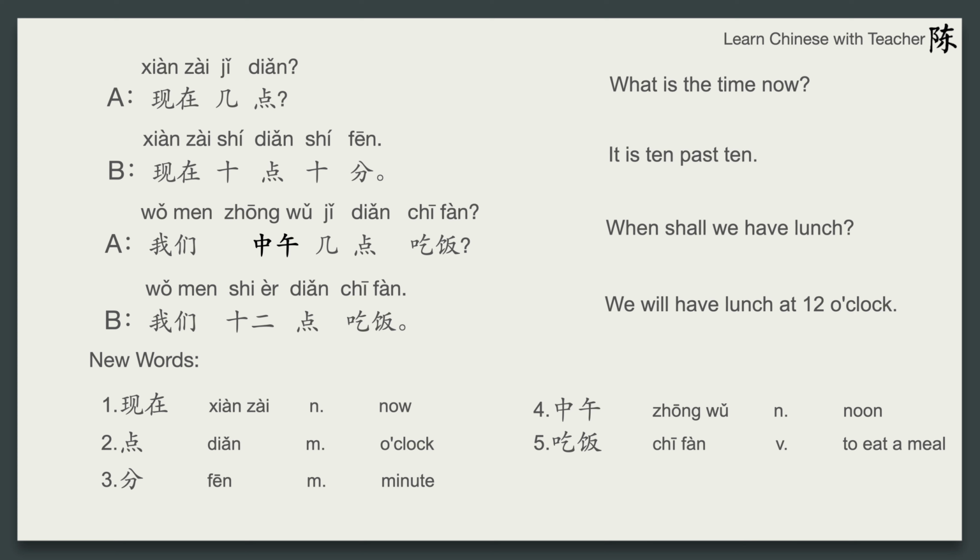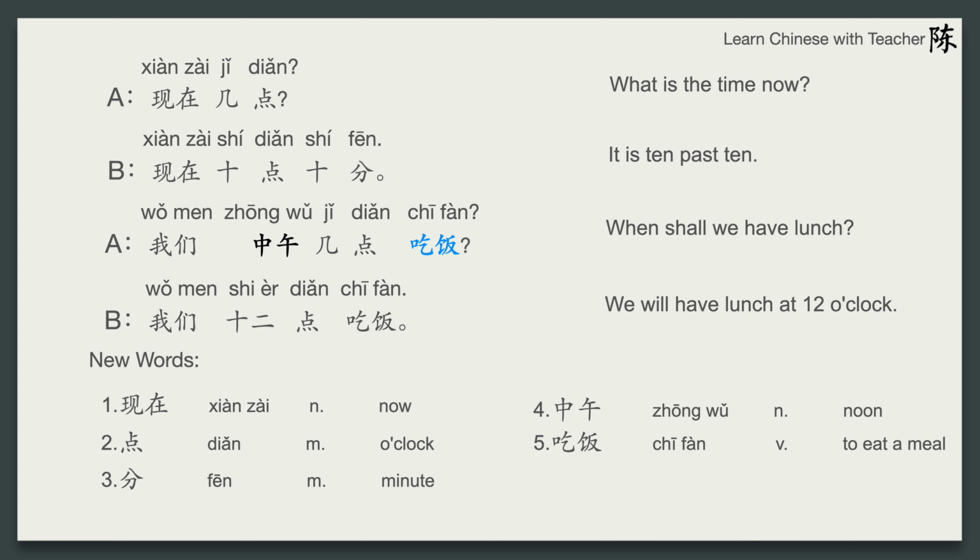The third sentence is talking about things that will happen in the future. In the English sentence, we use a modal auxiliary, shall plus verb, to express the future tense. But here, in the Chinese sentence, we don't have an auxiliary verb. Then how do we know it is about things that will happen in the future? In Chinese, we put the future time in the sentence so that we understand it is something that will happen in the future.